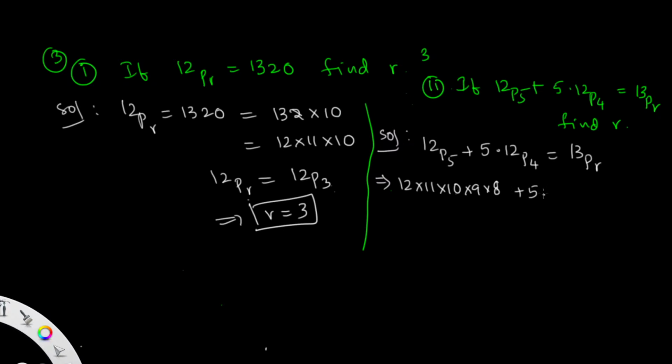Plus 5 into 12P4, that is 12 into 11 into 10 into 9, equal to 13Pr. Don't change the right side; we are only completing the LHS.